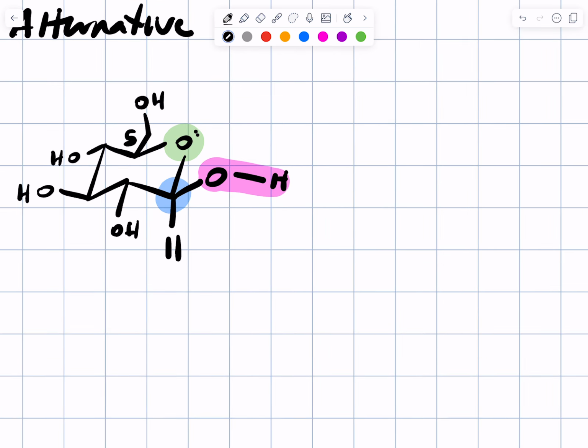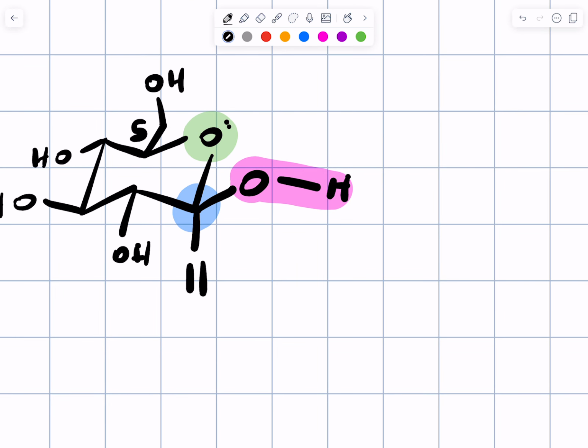And if I put an oxygen from water here, and the hydrogen from water there, I sort of complete a 1, 2, 3, 4, 5, 6 chair-shaped ring.